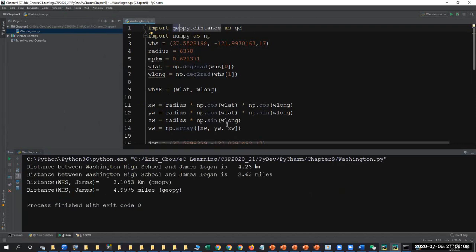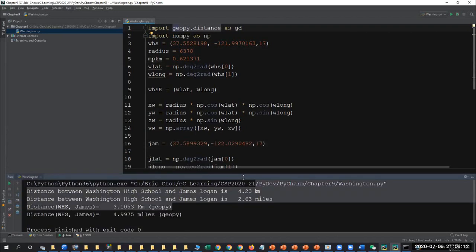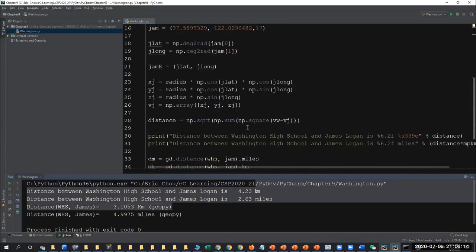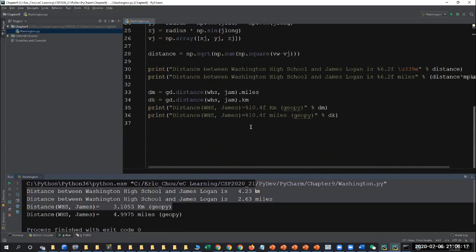Oh, the number actually has some discrepancy. Who actually is correct? Of course, his number is correct. My number is wrong. A few factors here.